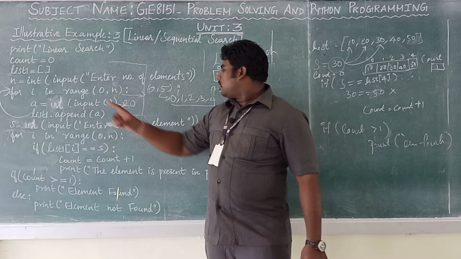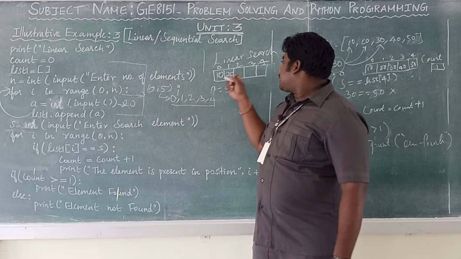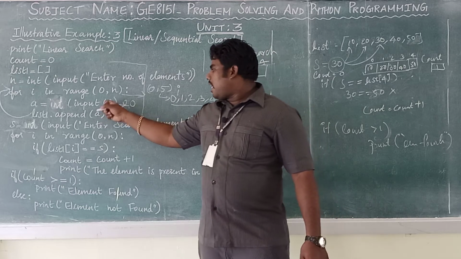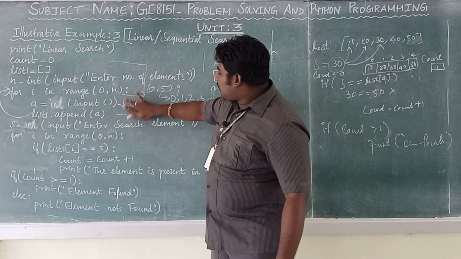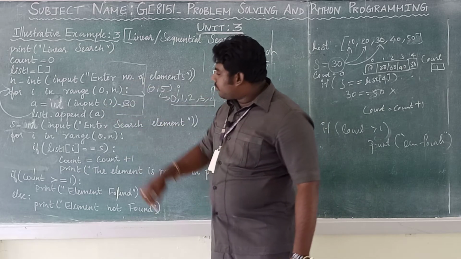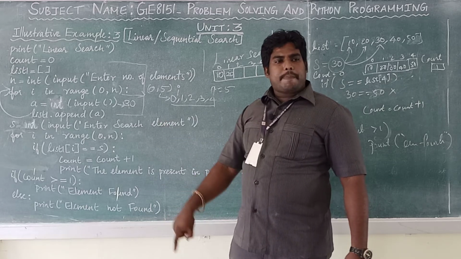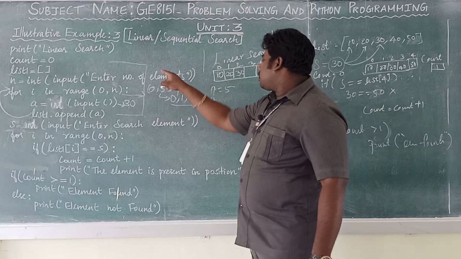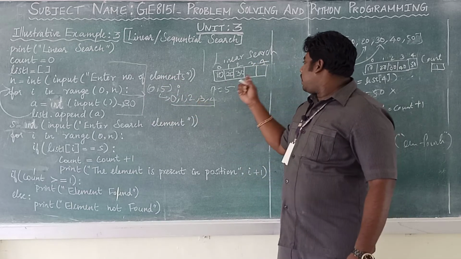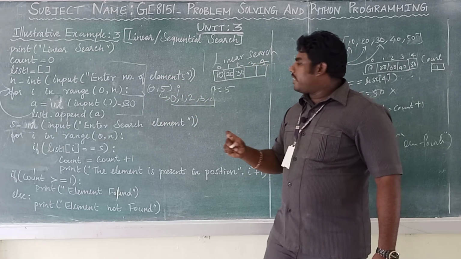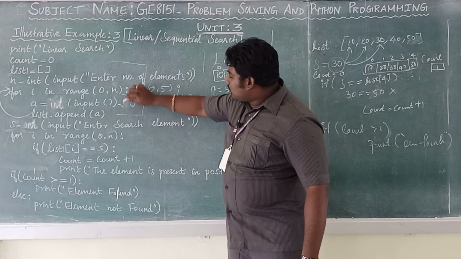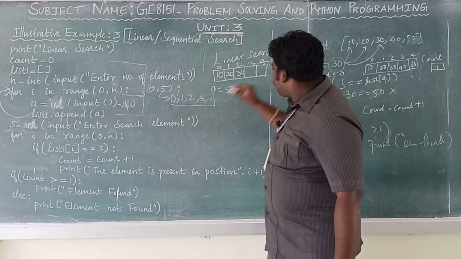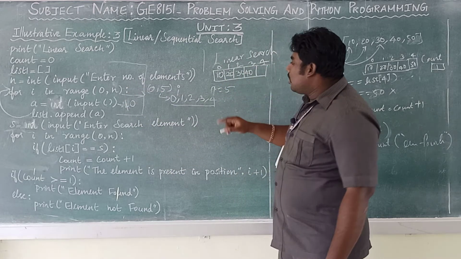Again for loop. Now what's the I value? 2. For the second position you are getting the input of A. For example, it is 30. Again you are appending in the list. So here 30. Again, what's the I value? 3. For this third position, you are getting the input. For example, here the input is 40. You are appending as 40.